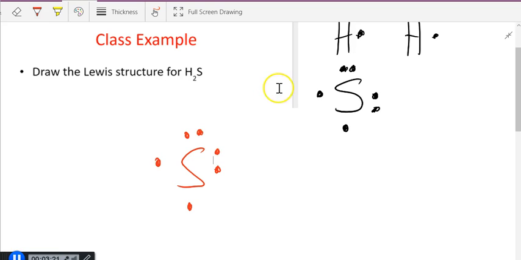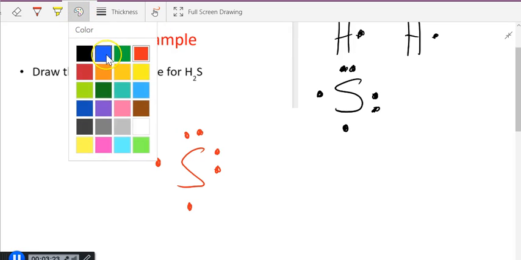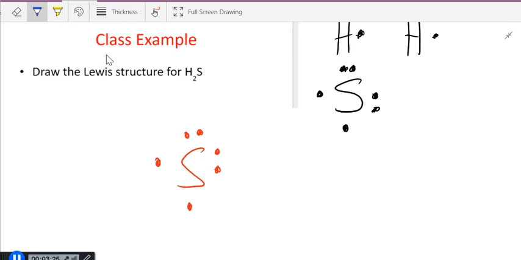Now how many more does it need so that it's satisfied? They want 8 total. The octet rule says it wants 8 total. How many does it have right now? Sulfur, this one. 6. So how many more does it want? 2 more. 1 right there and 1 right there.